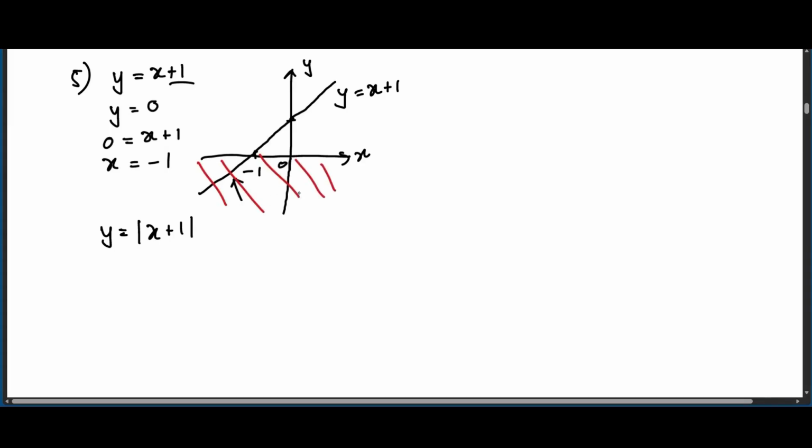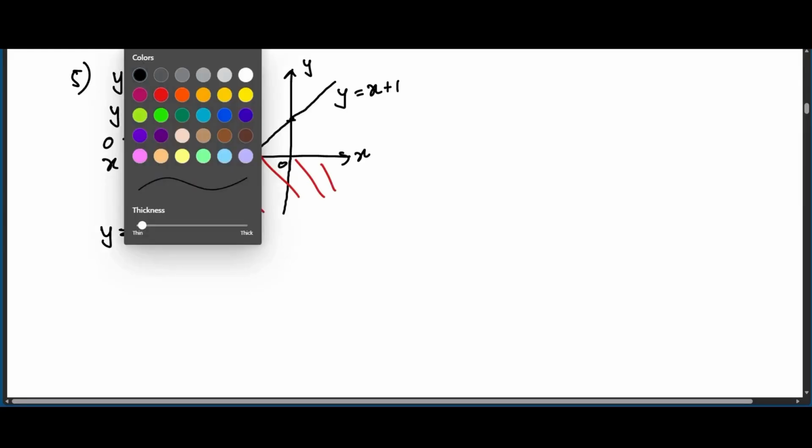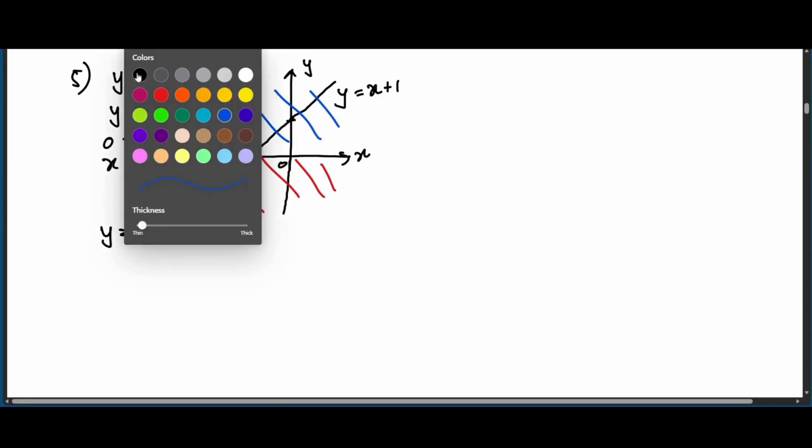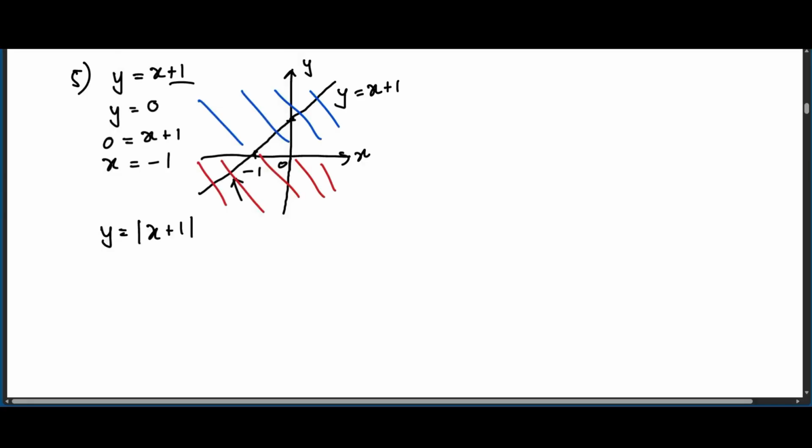Am I right? Everything below the x-axis is negative. Well, everything above is positive. Am I right? So what the absolute value function is going to cause, the red part, the negative part, will be converted into positive part.